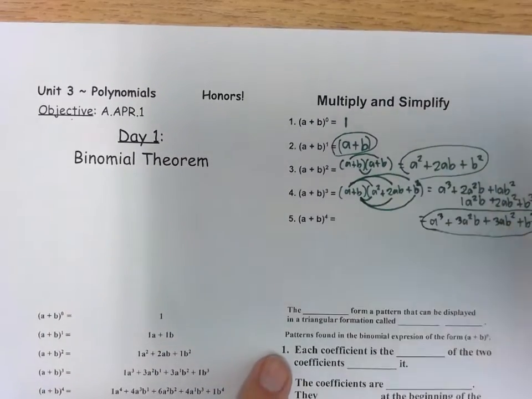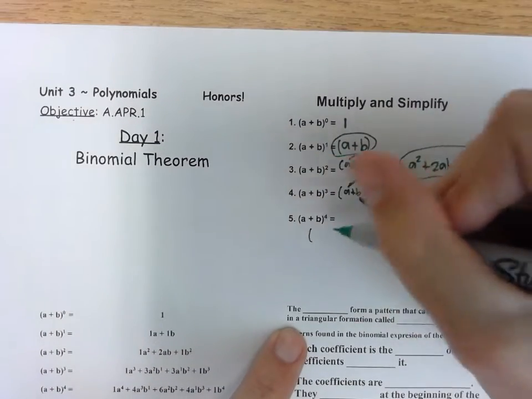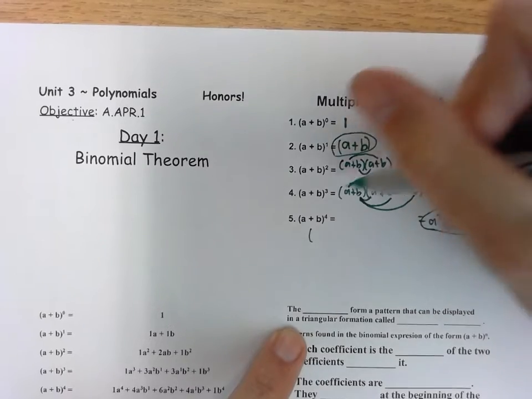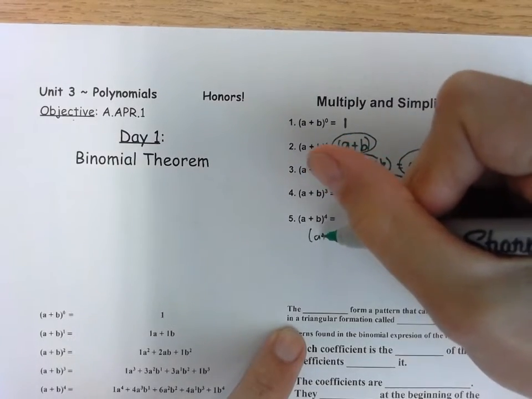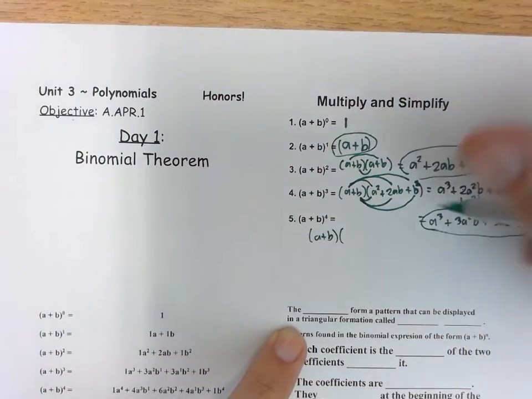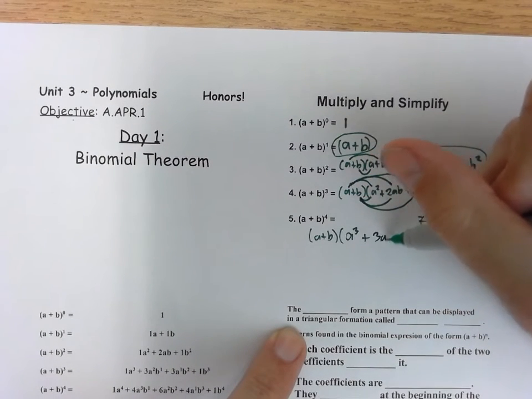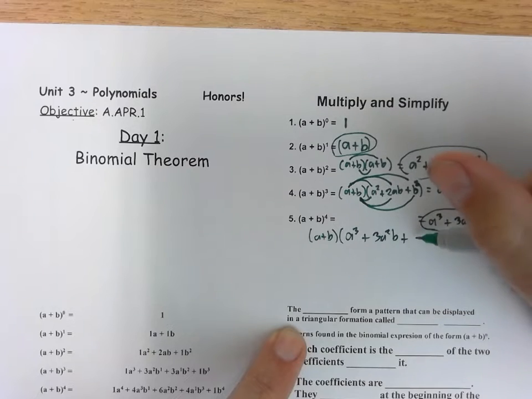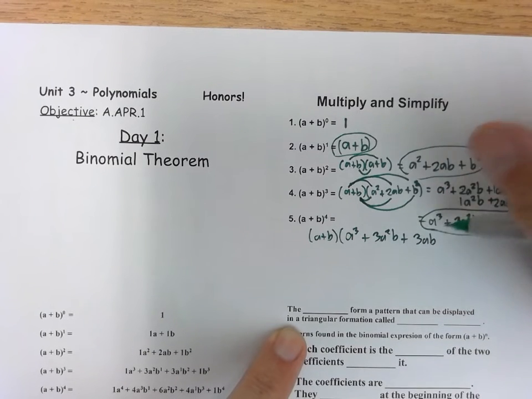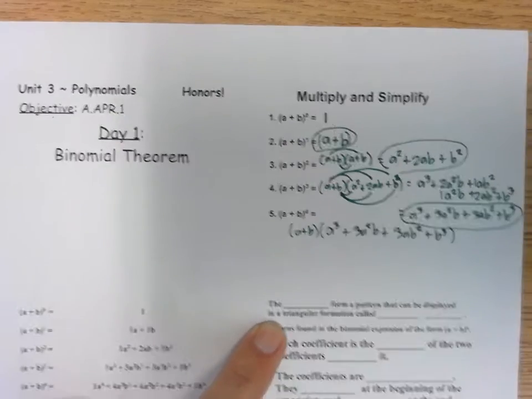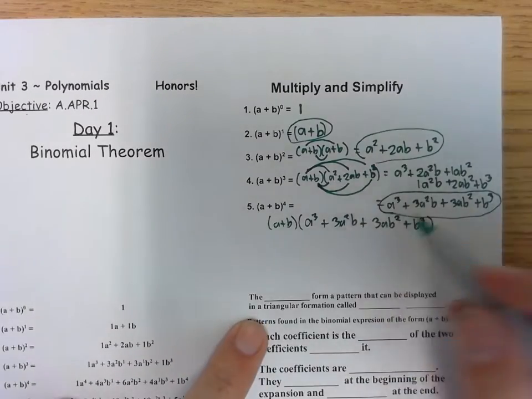All right, we can do the same thing with the fourth power. It's going to be a plus b times all this stuff up here. And that's a lot going on here.